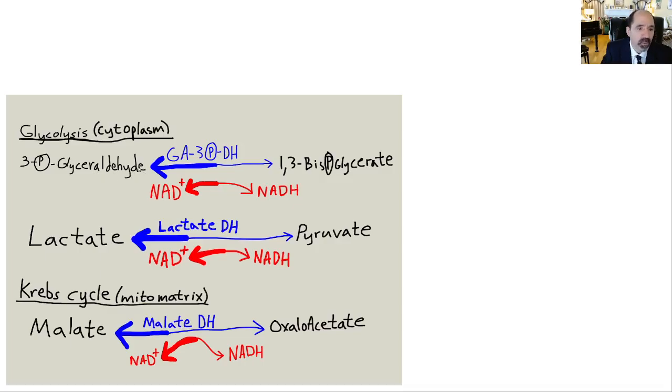And normally it will run in a forward direction to 1,3-bisphosphoglycerate. Okay, and the point is that this is right in the center of glycolysis, one of the most important metabolic pathways in the human body to extract energy, most commonly from glucose. And because there's so much NADH accumulated, and the NADH is a cofactor for the reaction, this reaction will run backwards, and that's bad.